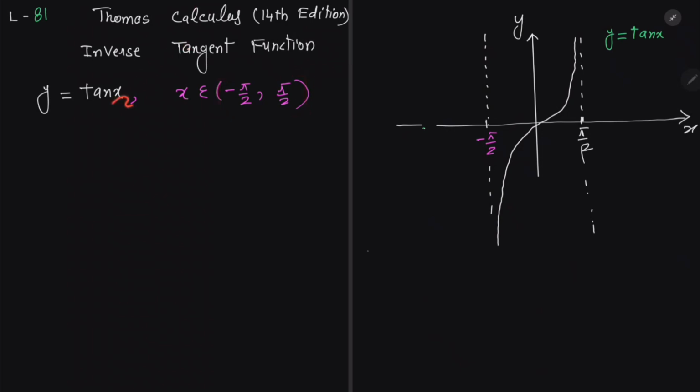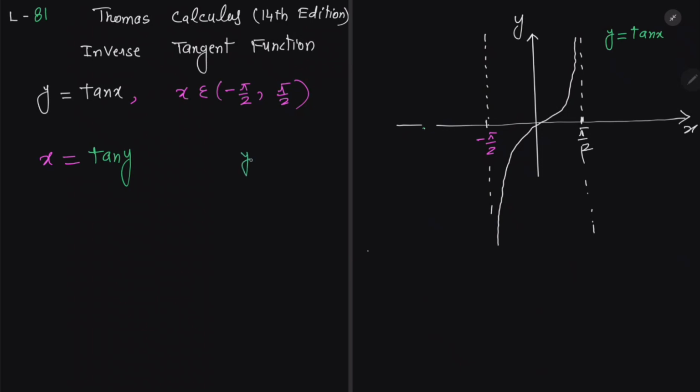So step 1 is to write y is equal to tangent x and restrict the domain. The second step to find the inverse is to replace x with y and y with x. So y becomes x and x becomes y. In that case, the domain becomes range and range becomes domain.